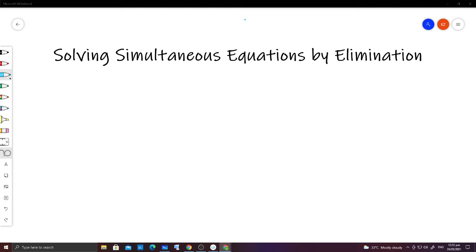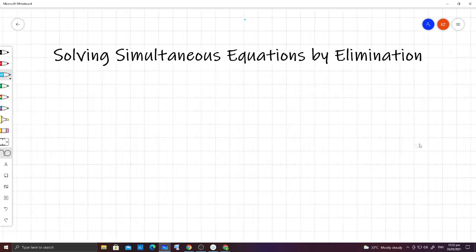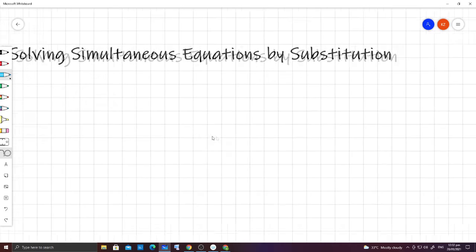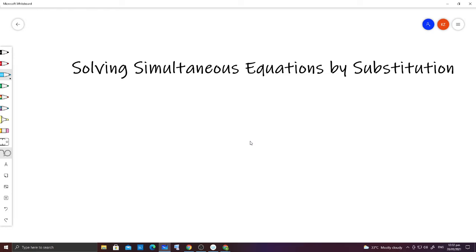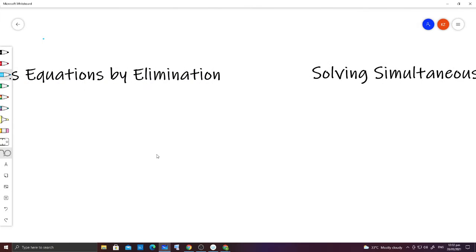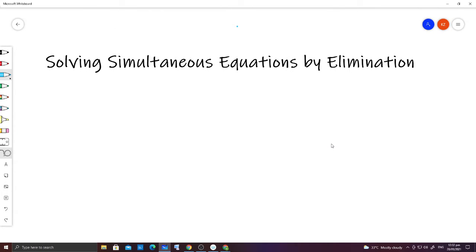Now, for today's class, we are going to discuss solving simultaneous equations by substitution, okay? So this is another method of solving simultaneous equations. But before that, let us review from our last week's lesson. So can you open your book, please, on page 231?